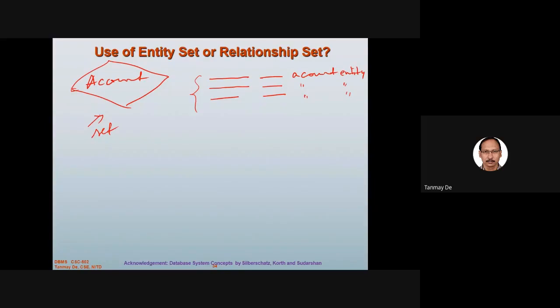So how can we say that this particular account with balance, say 5000, is held by any number of customers? If it were held by any number of customers, then the same thing would need to be repeated here.